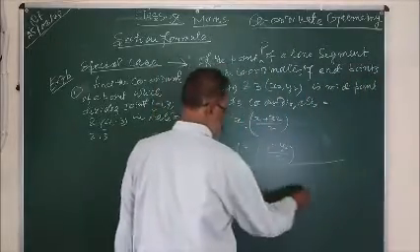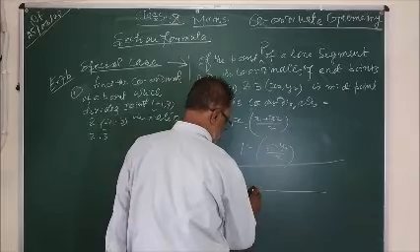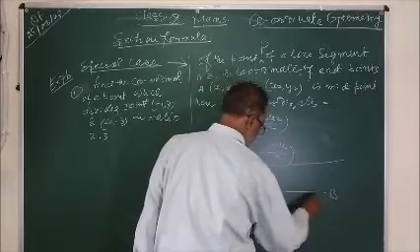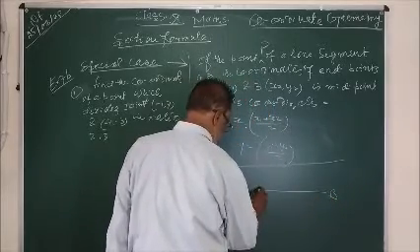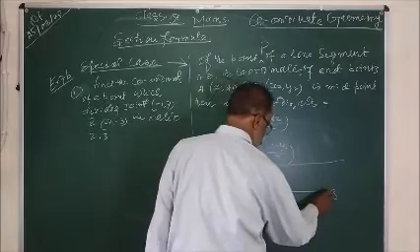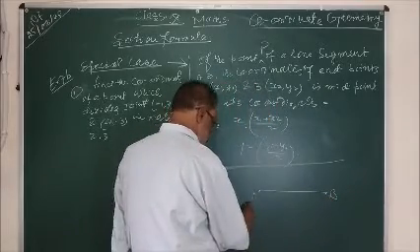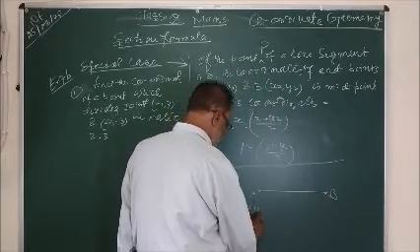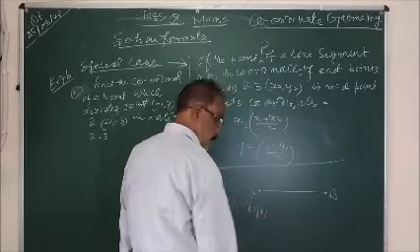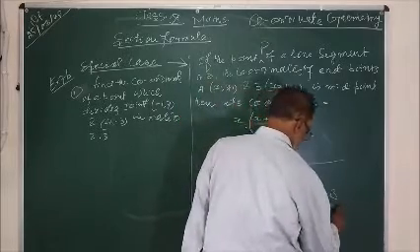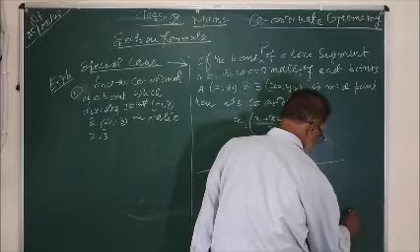Like this. Suppose AB is a line segment, and there are two endpoints. Suppose these are x1, y1, the abscissa and ordinate, and this is x2, y2.